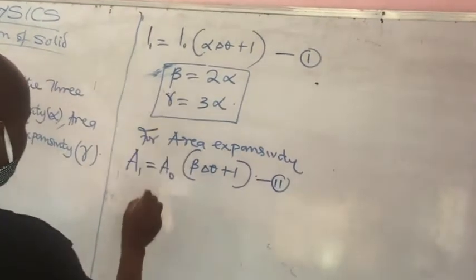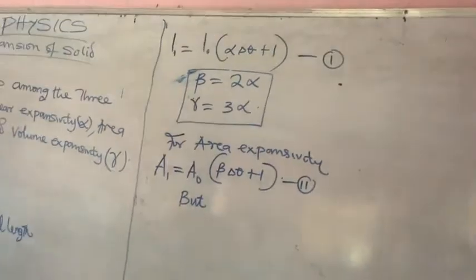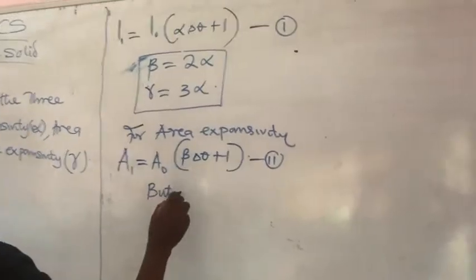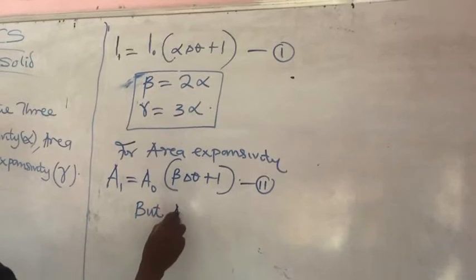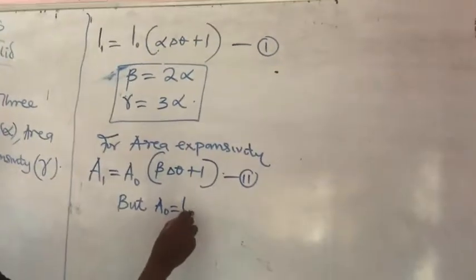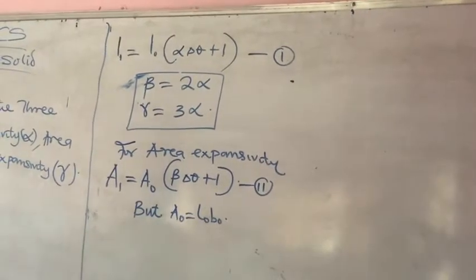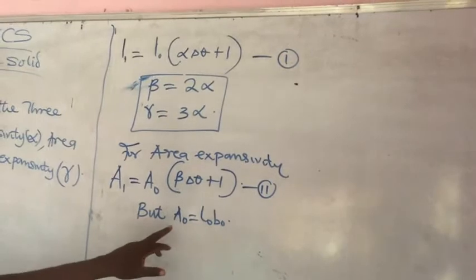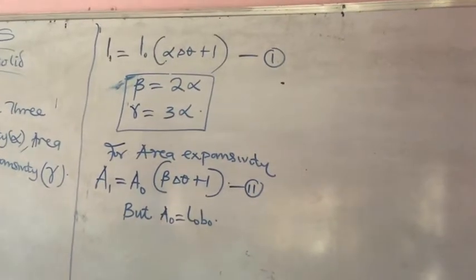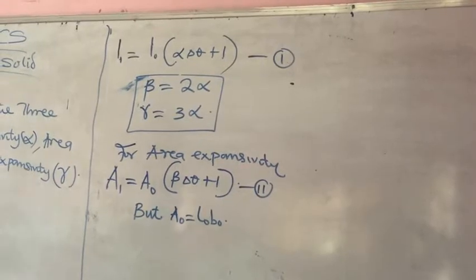But from the analysis, A0 can be written as L0 B0, because area means length times breadth. Why am I using L and B? Because I can replace with area of a rectangle. Most times we are using a rectangular face, and the area of the rectangle is length times breadth.